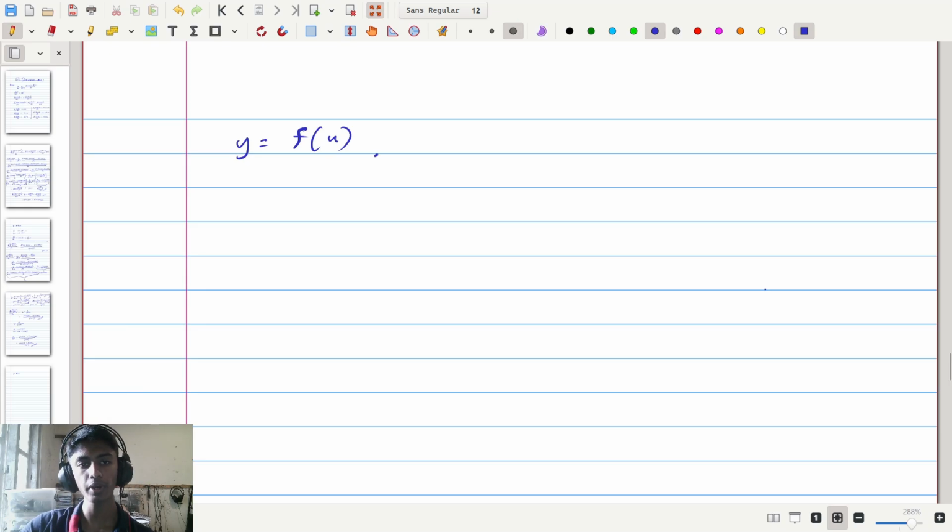And we also have that u itself is a function, let's say g of x. So here we have a chain saying that y is a function of u and u is a function of x. From these two, we can see that if we substitute u into here, y is in fact equal to f of g of x.